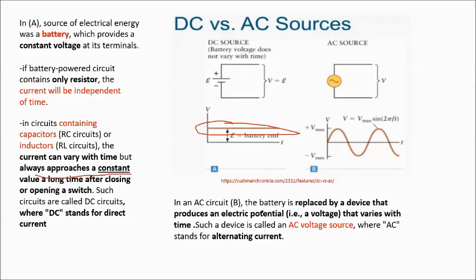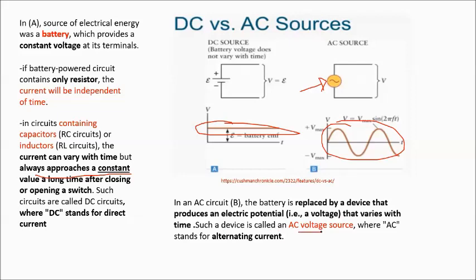In an AC circuit, the battery is replaced. So same circuit, we just change the battery into an AC source. This is the symbol of AC, to denote a sinusoidal wave. So it is replaced by a device that produces electrical potential that varies with time.